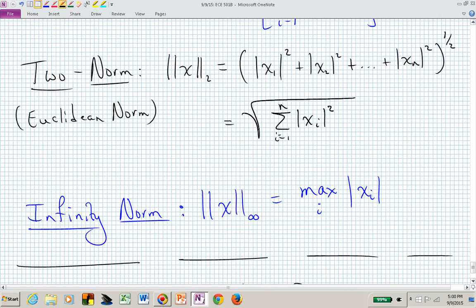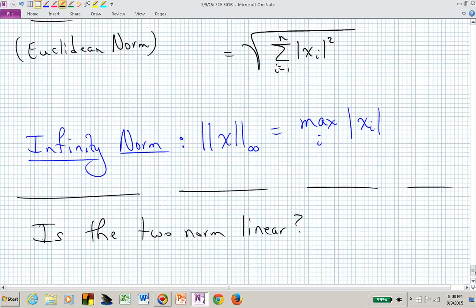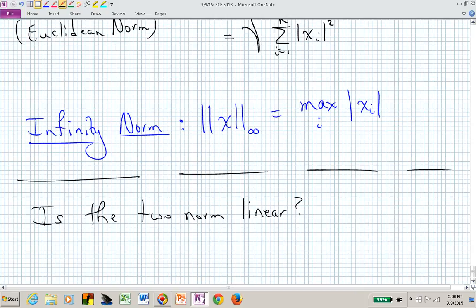At least on this, this only has one of 2 answers, yes or no. So this one's pretty good odds. We're not in Vegas, are we? This has better odds than Vegas, 50%. We're kind of close to Vegas, though, aren't we? For those of you listening, you probably don't know what I'm talking about. But is it a linear map, the 2 norm? I'm not hearing very clearly, but I think I heard no.